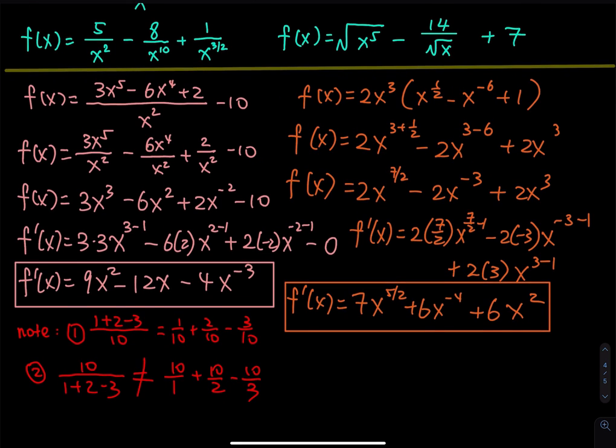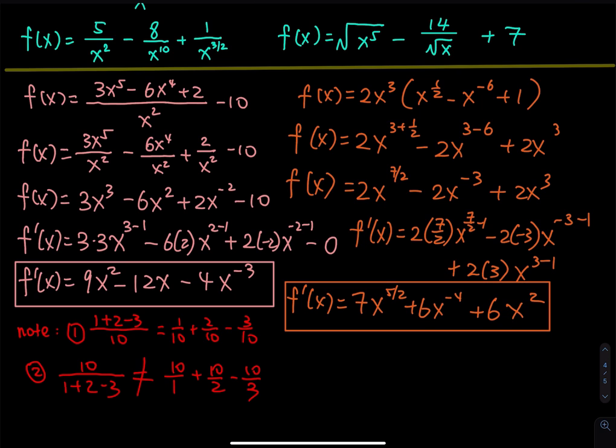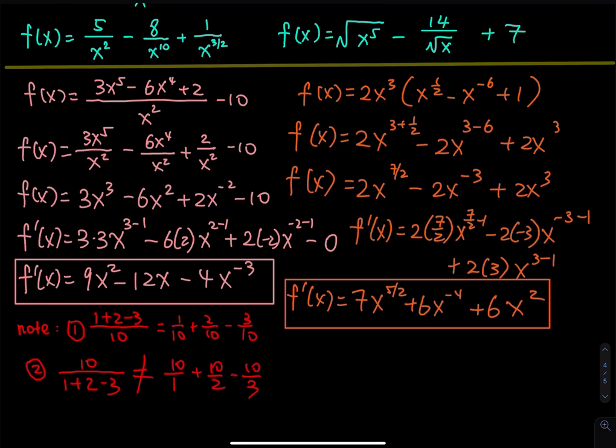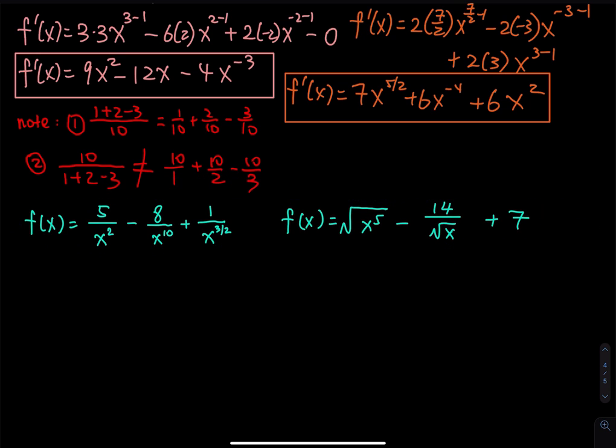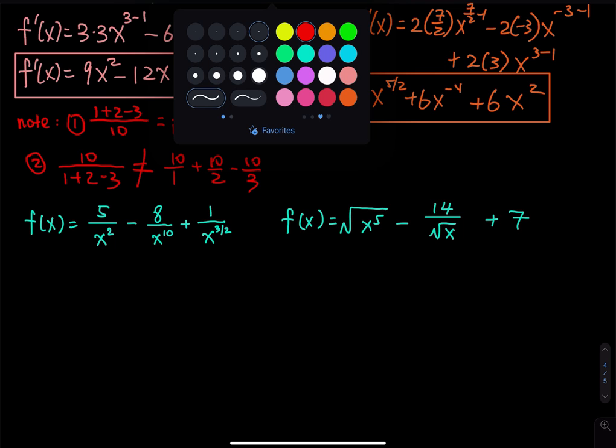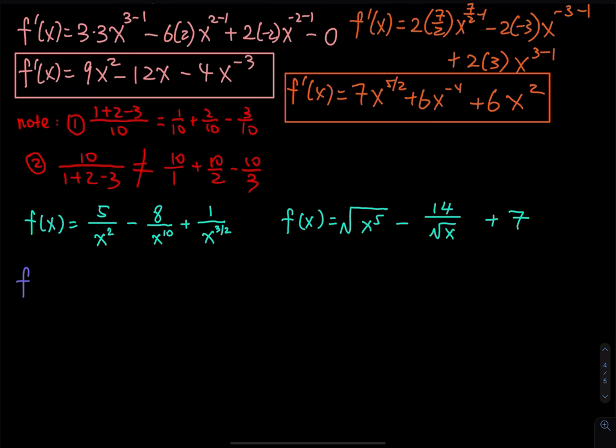And then we have 2 functions left. So let me just copy and paste over, so I don't need to keep going up to look at the function. I'm going to copy, and then I'm going to paste them. So now I have the work right in front of me. Okay, next problem. So we have f of x. This is 5x to the negative 2 minus 8x to the negative 10, and then plus x to the negative 3 over 2. And then we bring the power down.